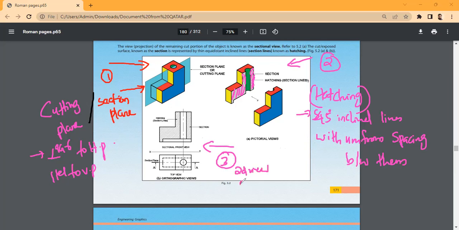Okay, so it is also known as orthographic view, right? Orthographic view. Okay, so in the front view, here you can see some lines, 45-degree inclined lines. What is that?